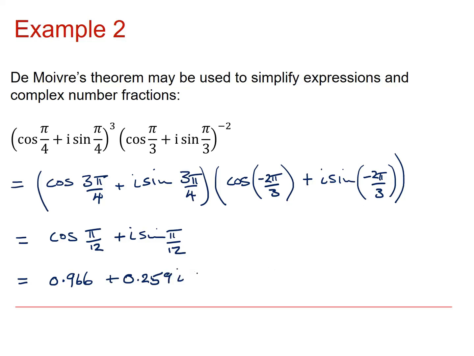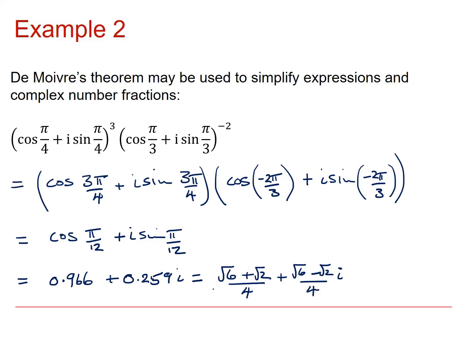But there is actually a third form of the cos and sine of pi by 12. It's not very commonly used, but you will find it if you look for it, particularly online. So you've got root 6 plus root 2 over 4 plus root 6 minus root 2 over 4 i.